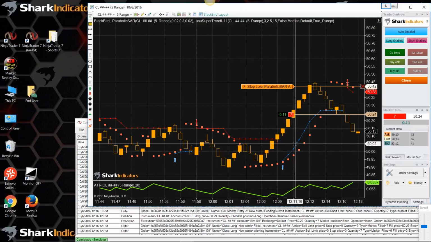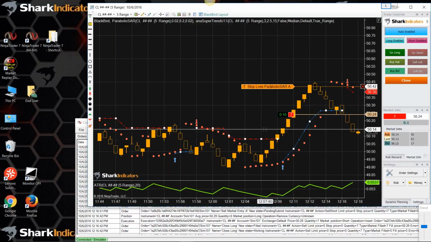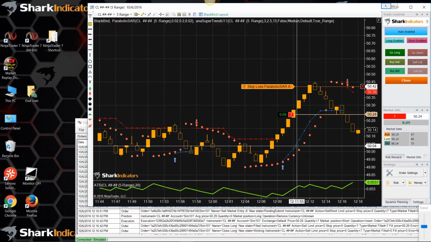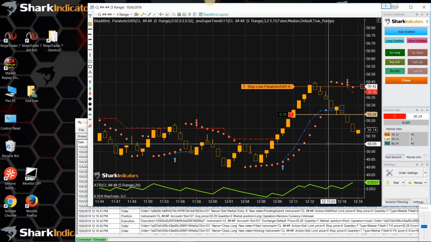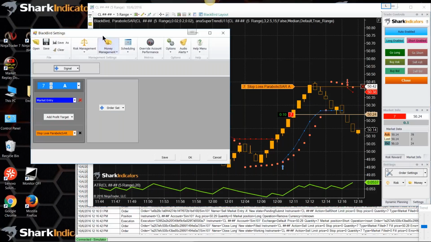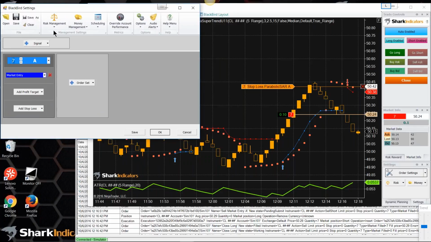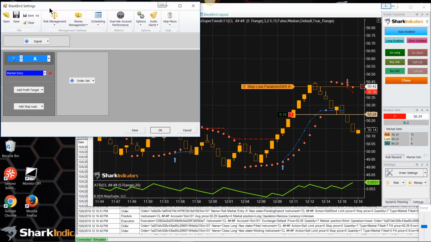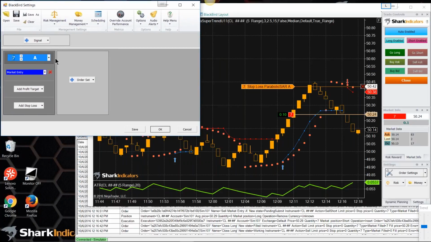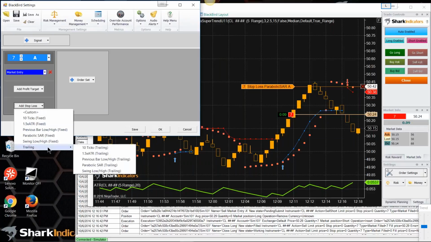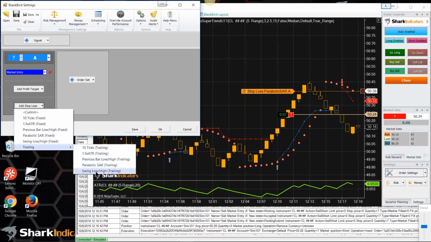And we can see the red and blue lines for the SuperTrend. Let's say you wanted to use the SuperTrend instead of the parabolic SAR. If you have your own custom indicator that you want to use, the easiest way to set that up is to use the preset here.